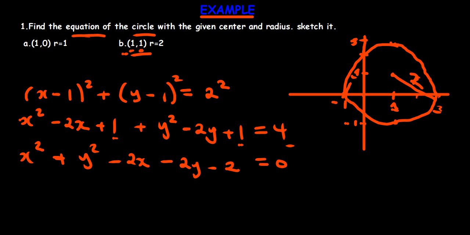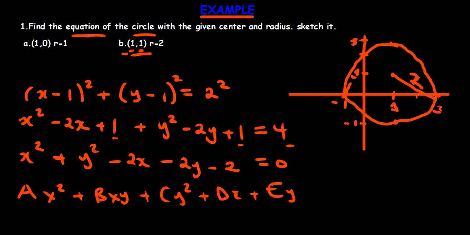So remember, we said the general form of the equation is ax squared plus bxy plus cy squared plus dx plus ey plus f is equal to 0. So this is the general form. In this question of the circle, we did not have everything.